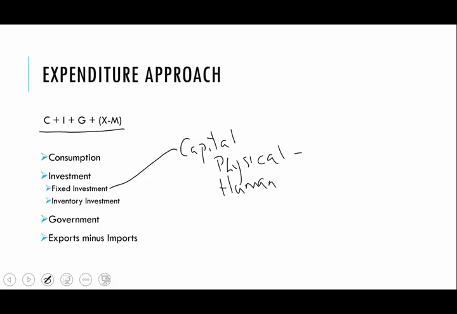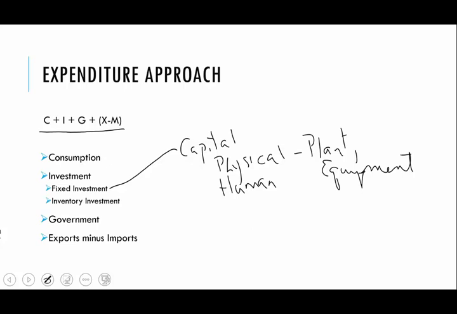And physical capital is things like the plant that something is produced in, meaning the factory, the equipment, even maybe the trucks or some of the roads to get the product to you.